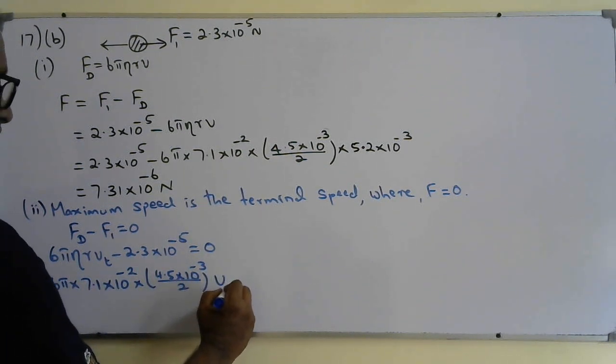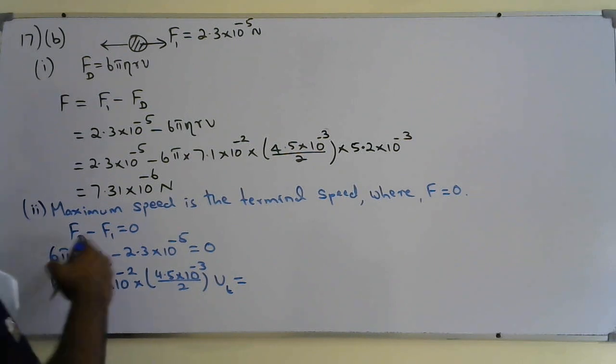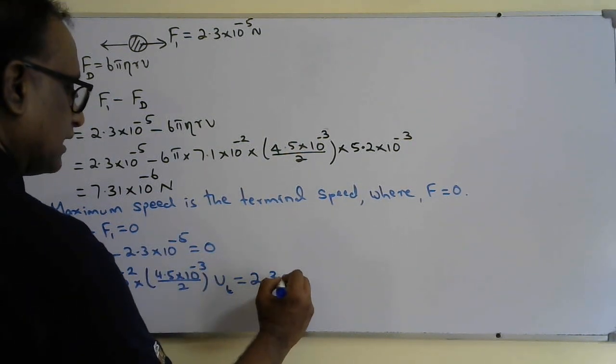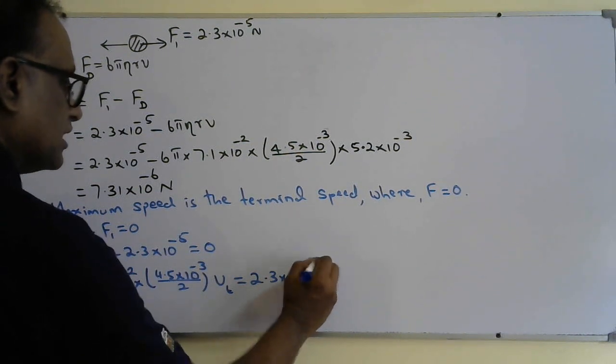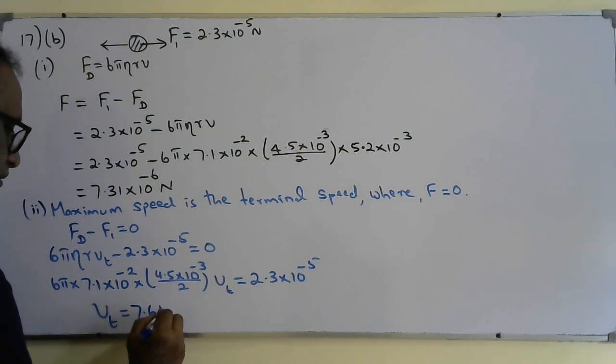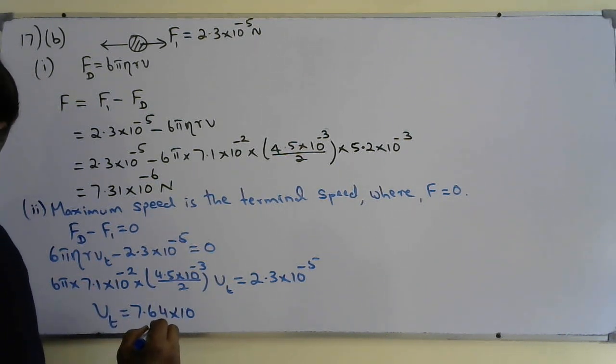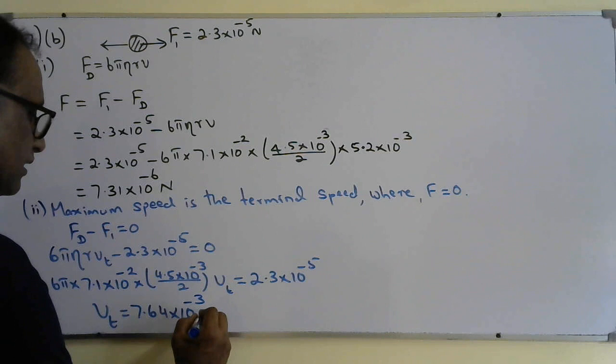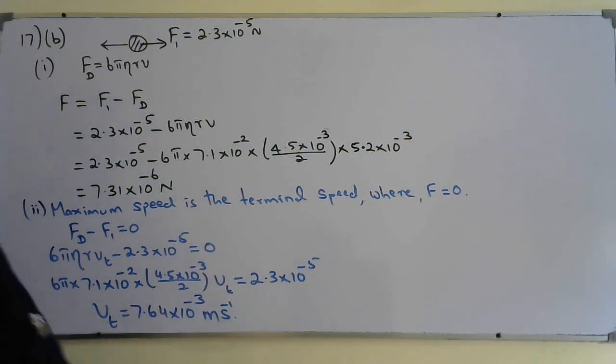Vt, the terminal speed, I need to find, equal to, bringing it to the right, 2.3 × 10^-5. Solve it and find Vt, the terminal speed. That will be equal to 7.64 × 10^-3 meter per second. That's the maximum speed, that is the terminal speed.